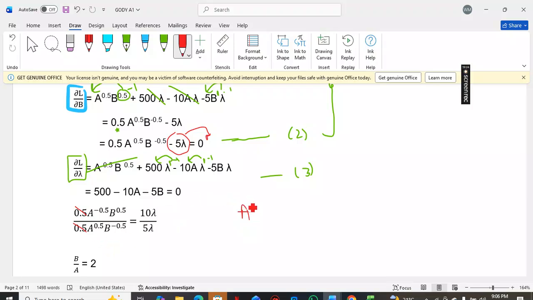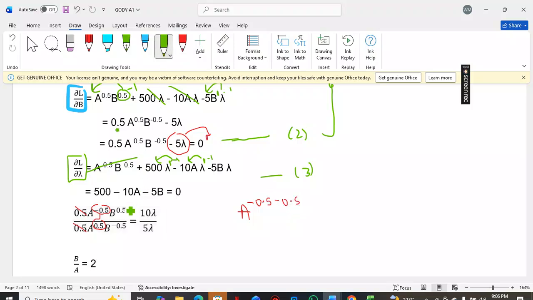Using the laws of indices, when you're dividing the same base, you subtract the exponents. So for a, it's negative 0.5 minus 0.5.